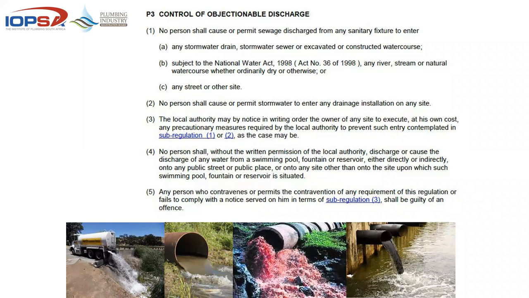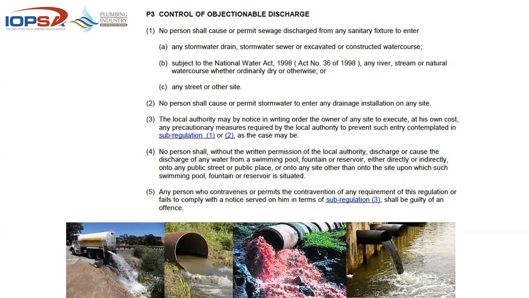No person shall, without the written permission of the local authority, discharge or cause the discharge of any water from a swimming pool, fountain, or reservoir, either directly or indirectly, onto any public street, public place, or onto any site that is not the site on which that pool, fountain, or reservoir is situated. So important to note, there's always this debate about running it onto the verge, putting it into stormwater.